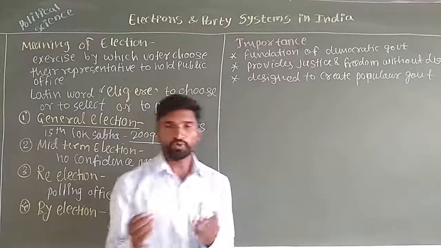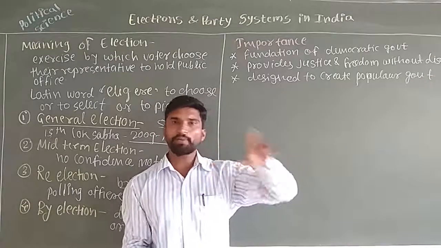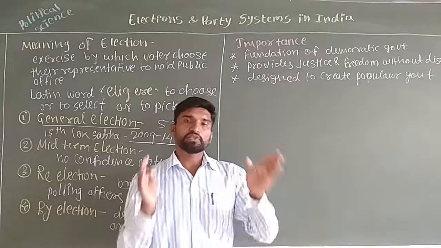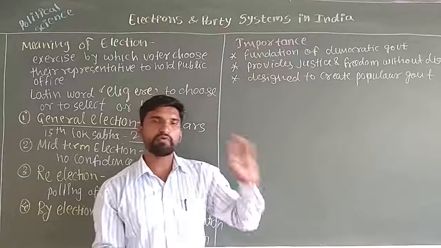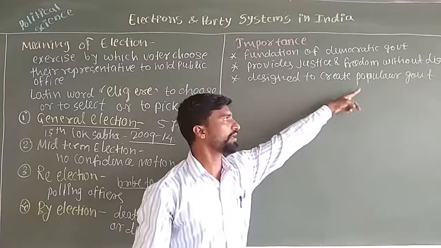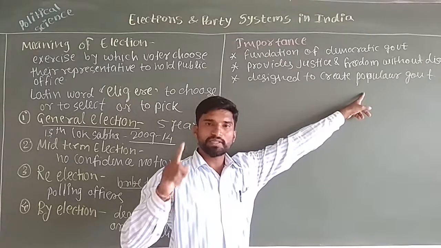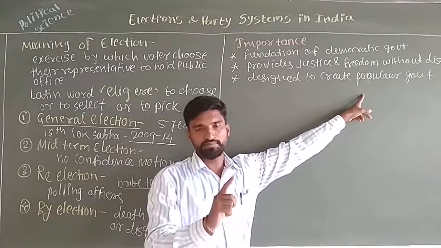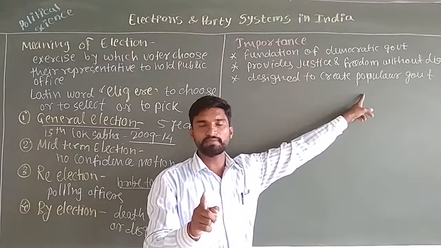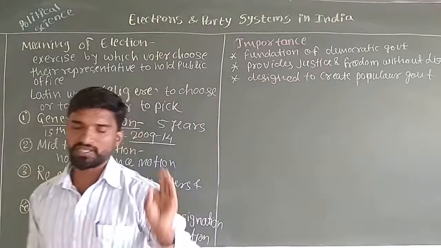Because of the representatives elected by us, whichever political party gets the majority will establish or form the government, and that government is called a popular government, because all these representatives are elected from among the people themselves. So that government is called a popular government, and it is designed on the basis of the election.